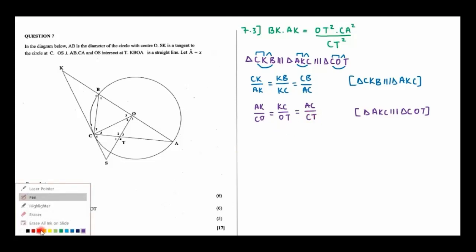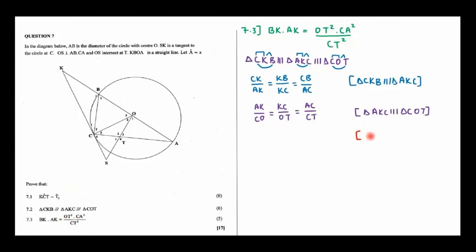And finally, the third one, I'm taking the first and the last one. So CKB similar to COT. What can we say here? We can say CK over CO is the same as KB over OT, which is the same as CB over CT.